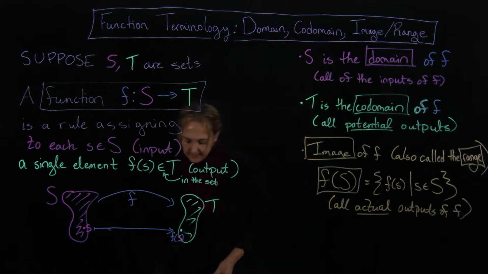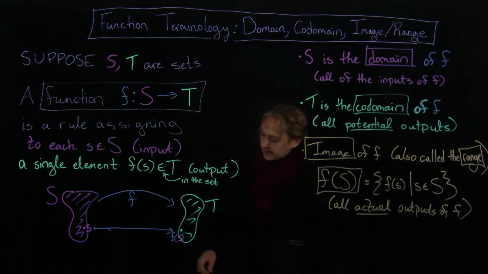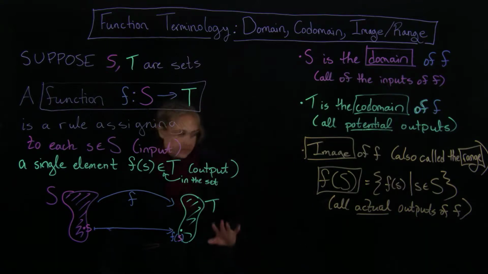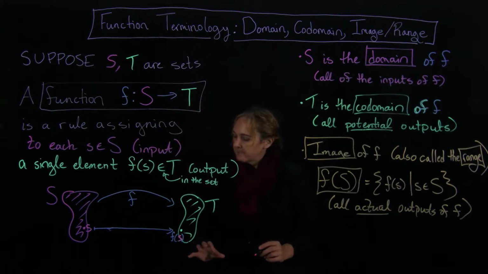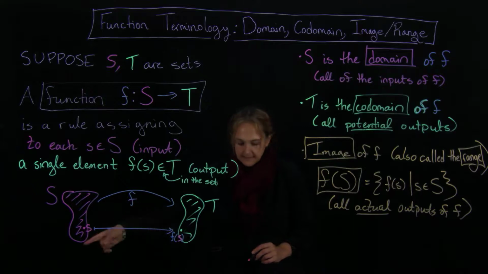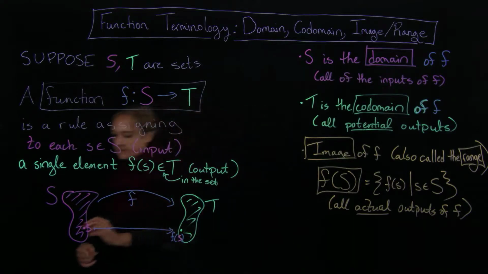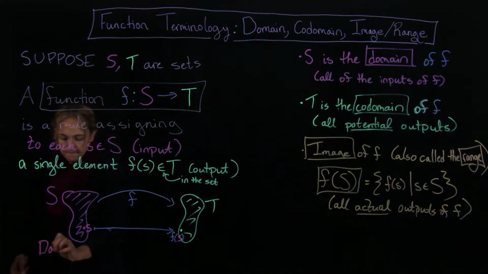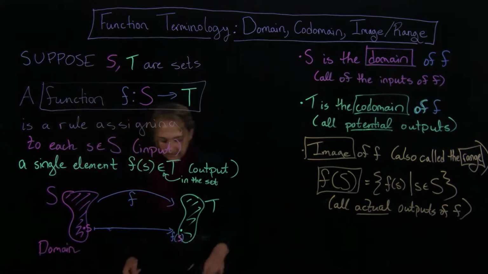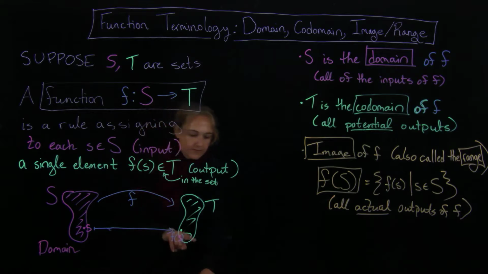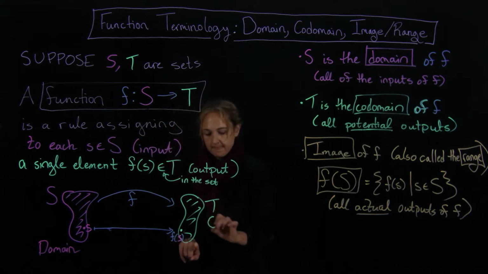So we'll go through examples. But let's draw the picture so that you can see how everything fits in. So this is the domain. And then this over here is the codomain.